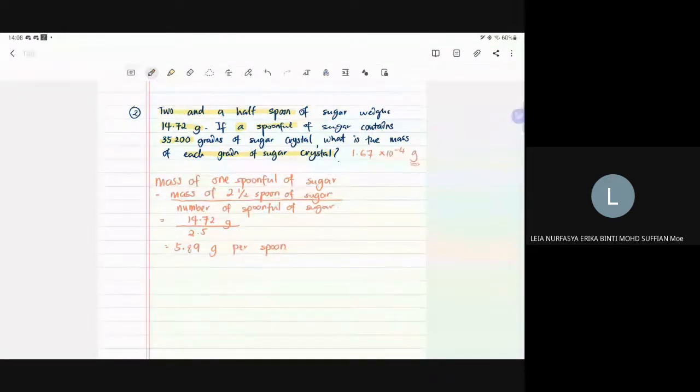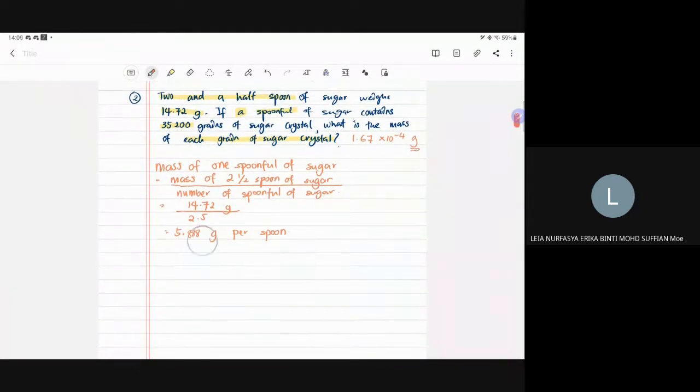Okay. So maksudnya satu sudu jisim dia adalah 5.89 ataupun 5.888. Okay, I have rounded off. So 5.89, kita kekalkanlah 5.888888 grams per spoon.